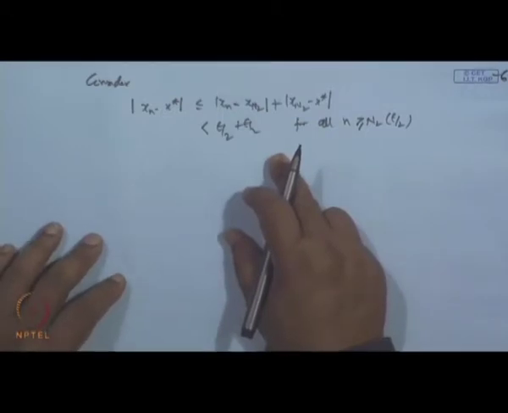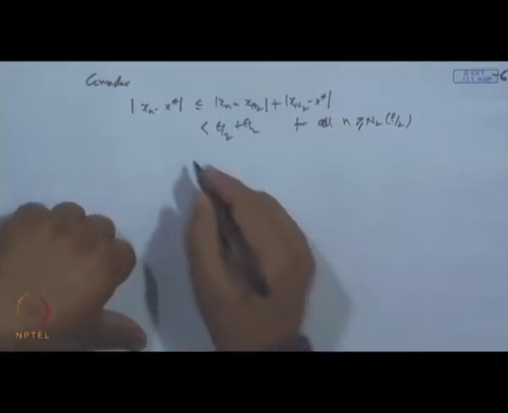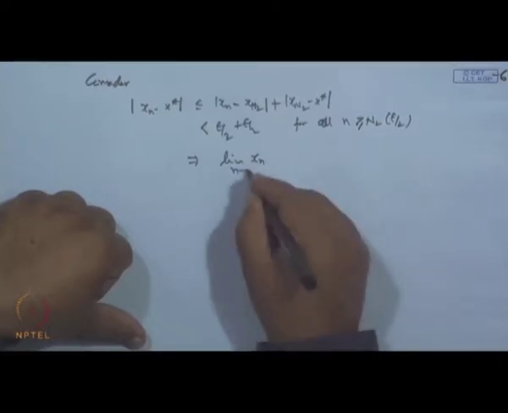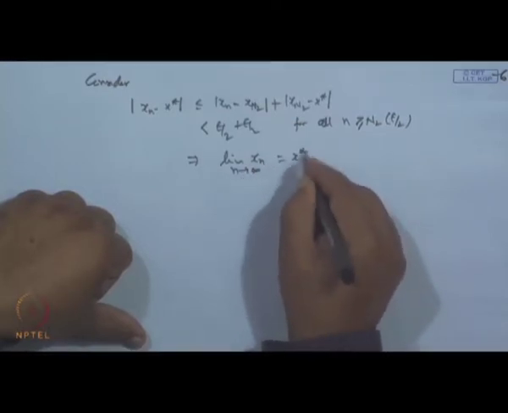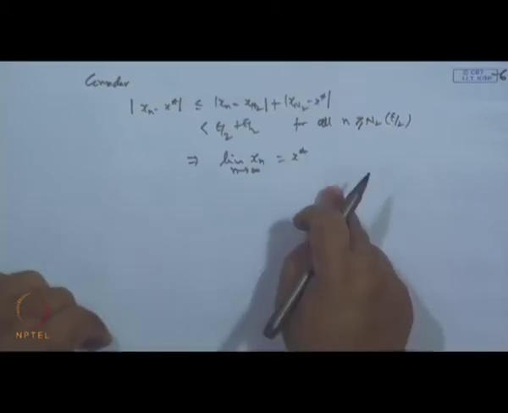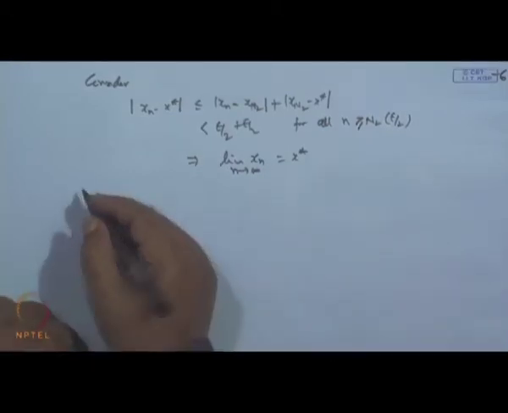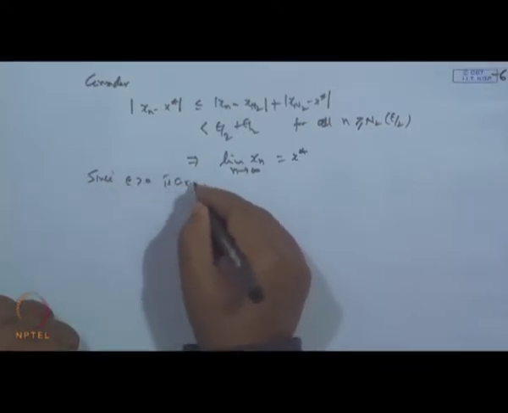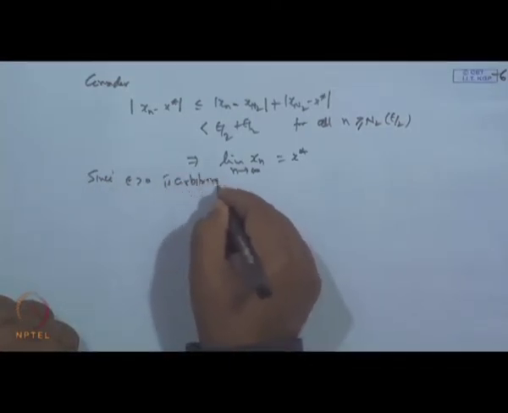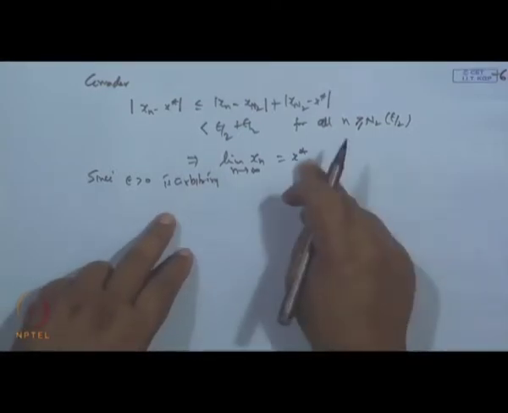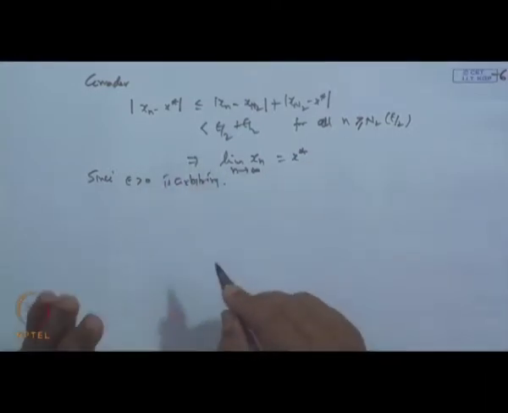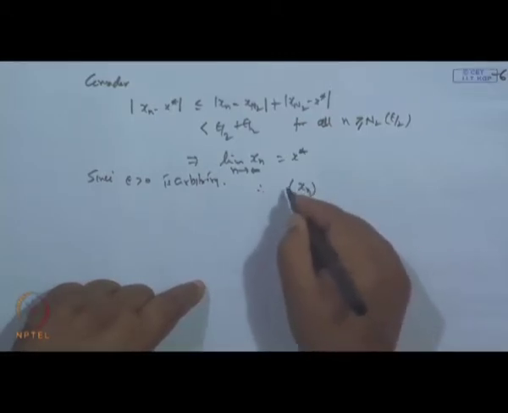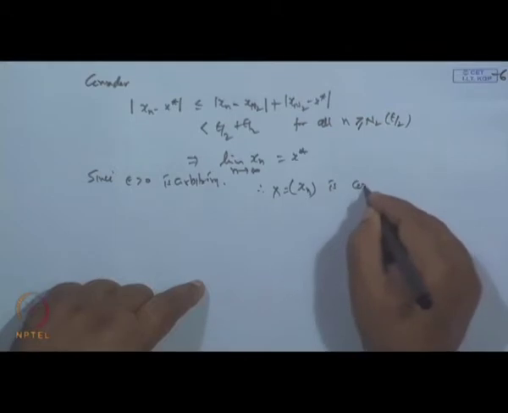So, the limit of x_n as n tends to infinity is also x star. This shows the Cauchy sequence is convergent, since epsilon is arbitrary. Therefore, the sequence x_n is convergent.